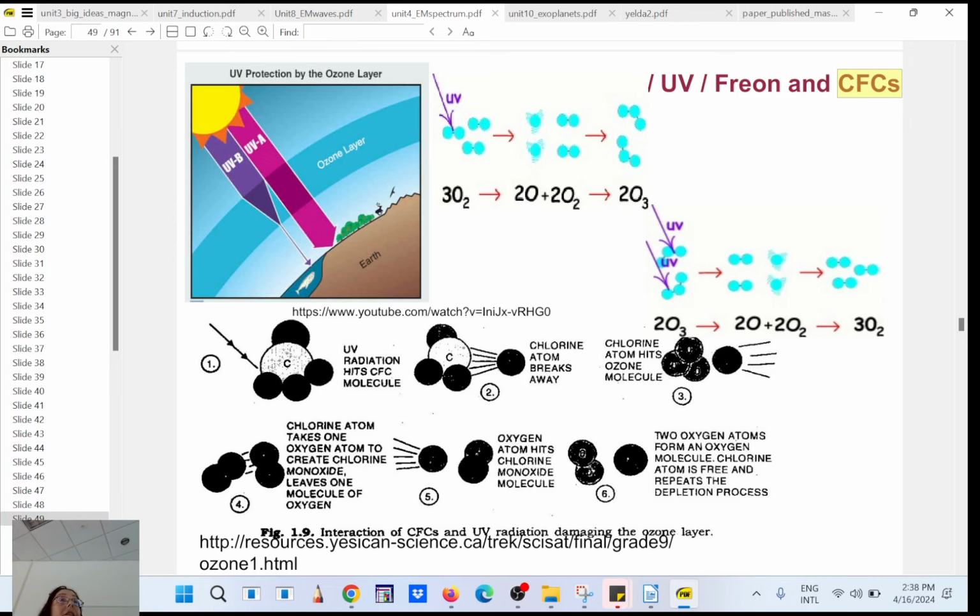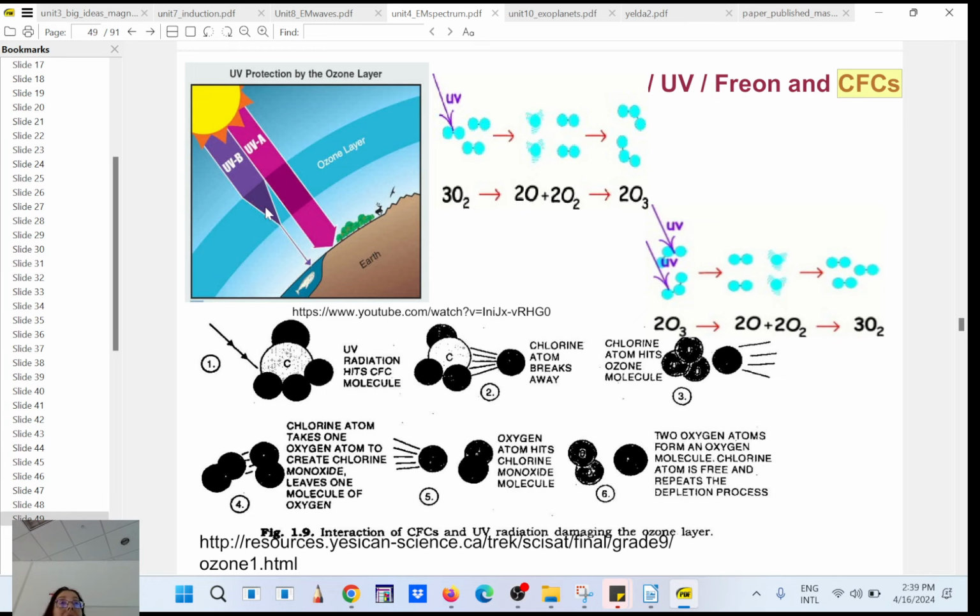For example, inside the fridge you had something called freon, which is a type of CFC, a gas. It was very convenient for making a fridge work, and it was also used in aerosol sprays and solvents. The issue is that it was destroying the ozone layer, which protects us against UVB from the sun.